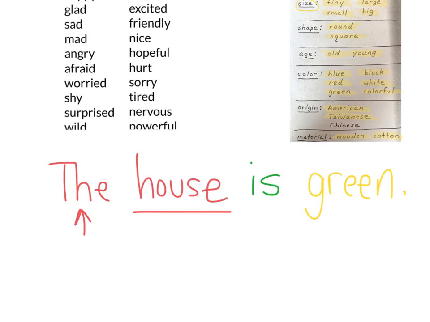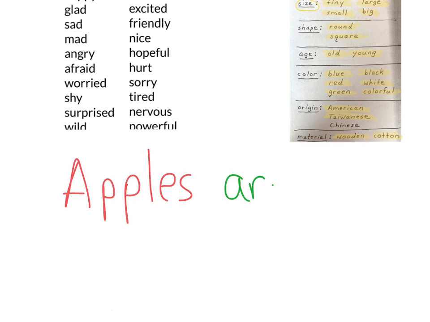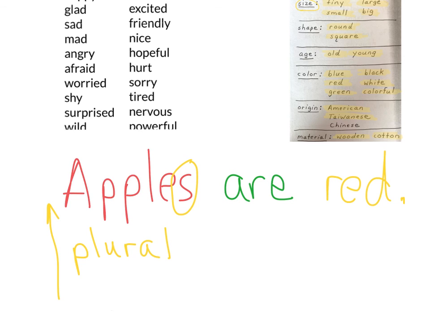I could say, let's see, apples are red. And here I have more than one apple. Because this is plural, I do not need to put a or the in front of it.